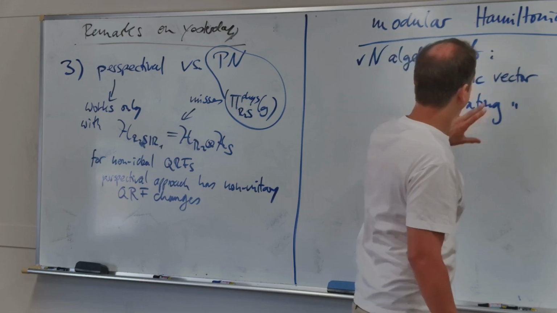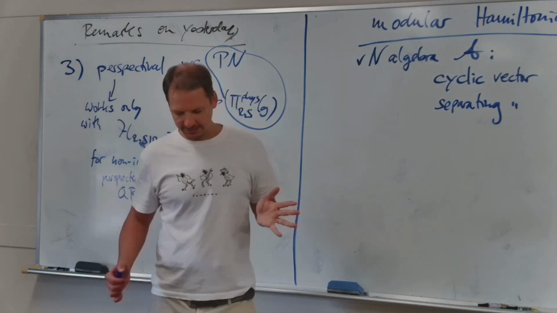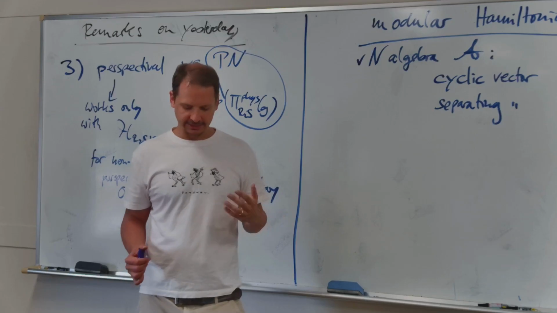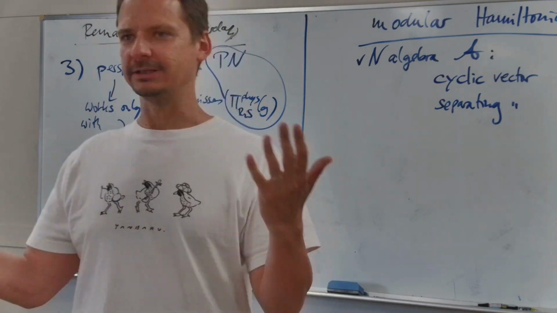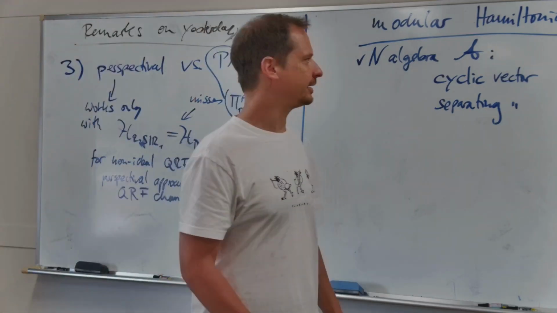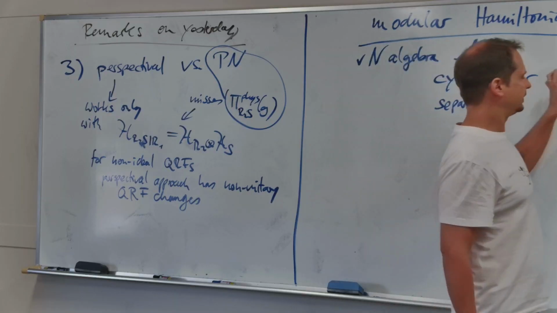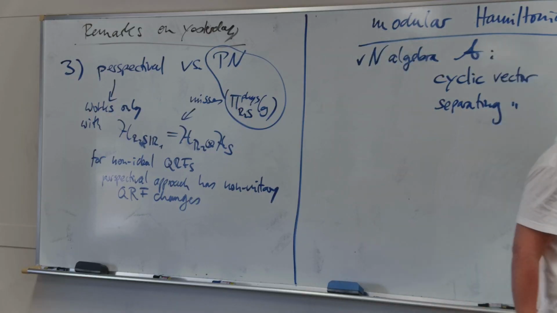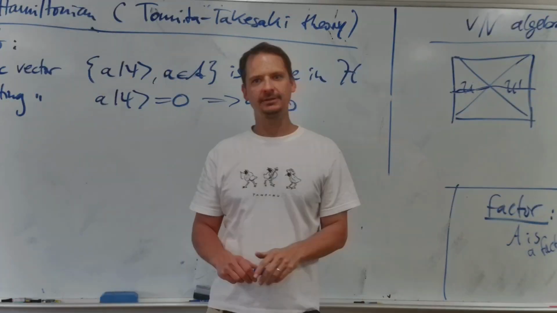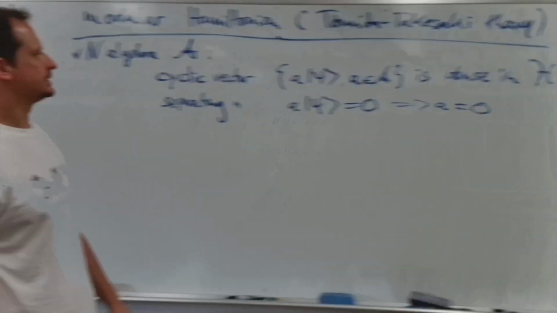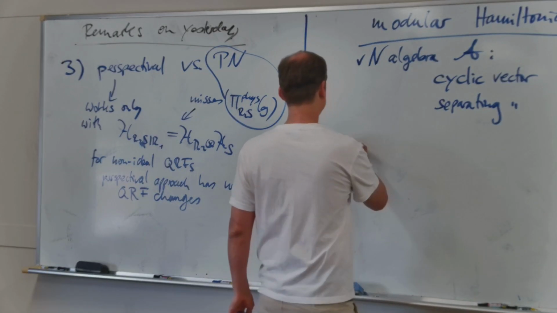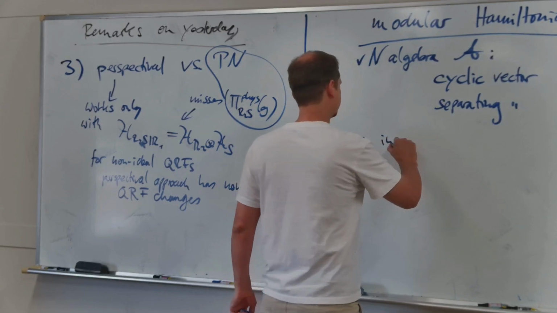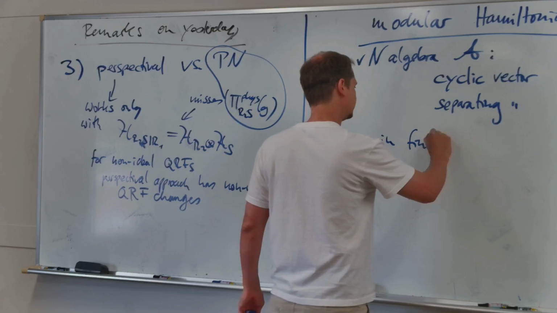Now, cyclic and separating is a property that you can view as basically giving a mathematical formalization of full entanglement, really. At least when I have subsystem factors, for instance, for non-trivial algebras. The way to see this is in finite dimensions.